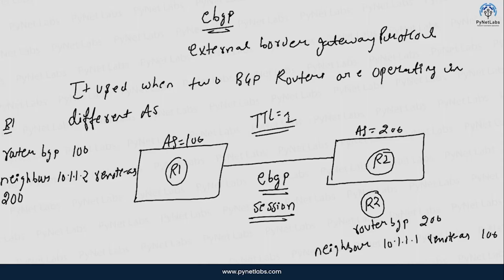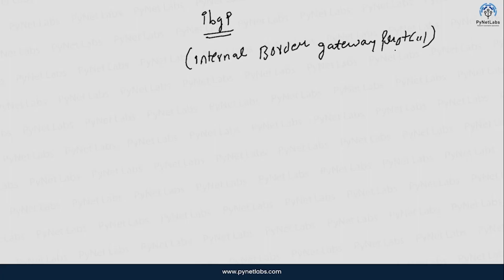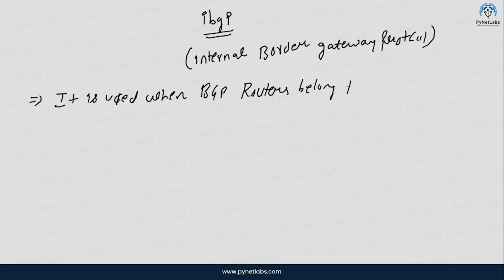Now let's talk about iBGP. iBGP stands for Internal Border Gateway Protocol, and it is used when BGP routers belong to the same autonomous system.